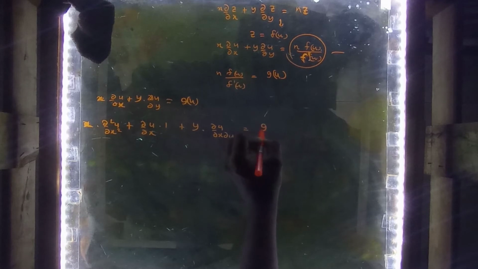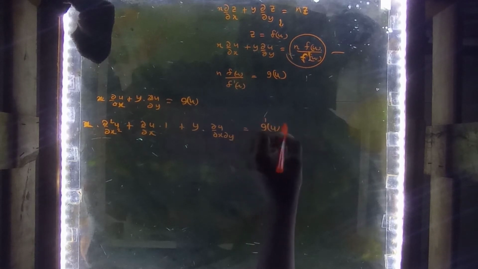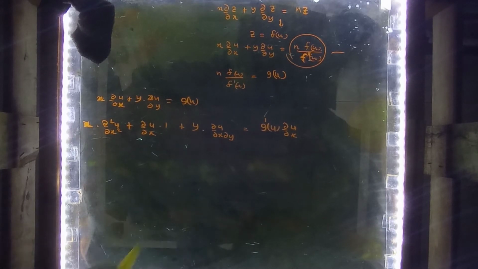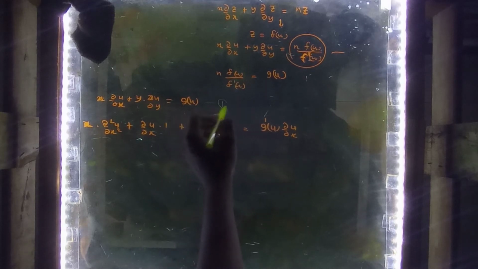What about this guy on your right hand side, g prime of u? I know you are familiar enough with partial differentiation now. Also I'm going to get the partial derivative of the same expression with respect to y.